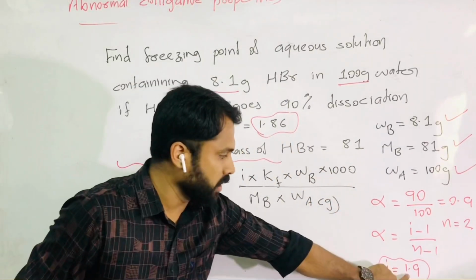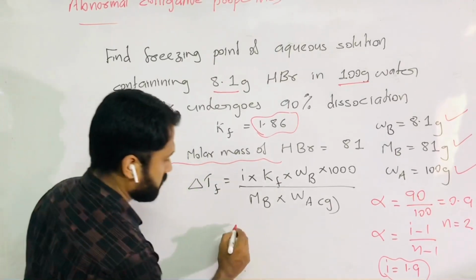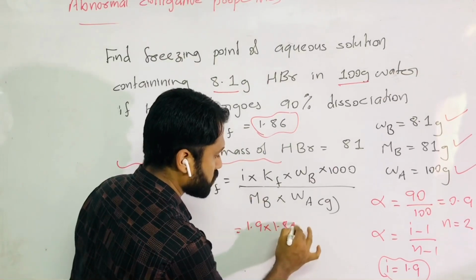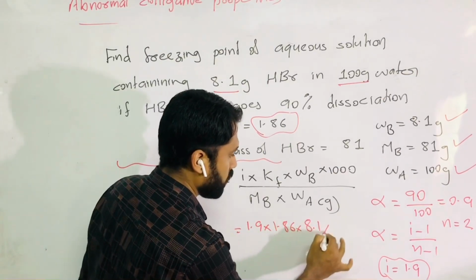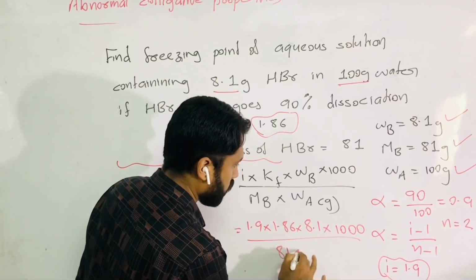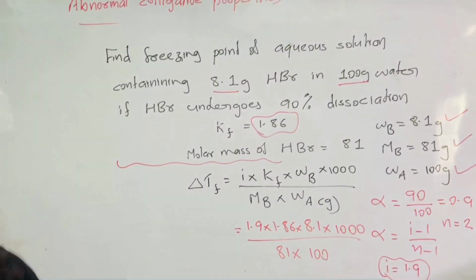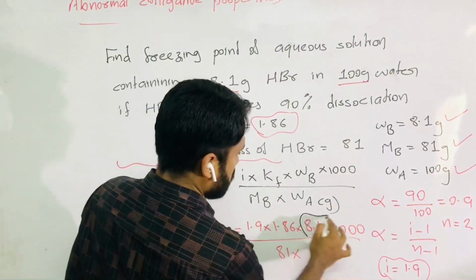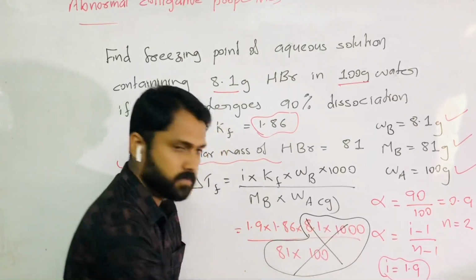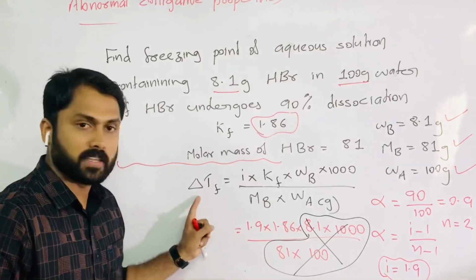By substituting this 1.9 here, we can calculate delta Tf. So 1.9 into 1.86 into 8.1 into 1000 by 81 into 100. These values will be cancelled. So 1.9 into 1.86, that is delta Tf.